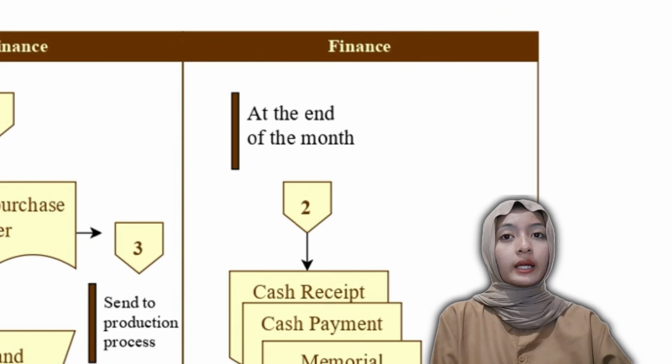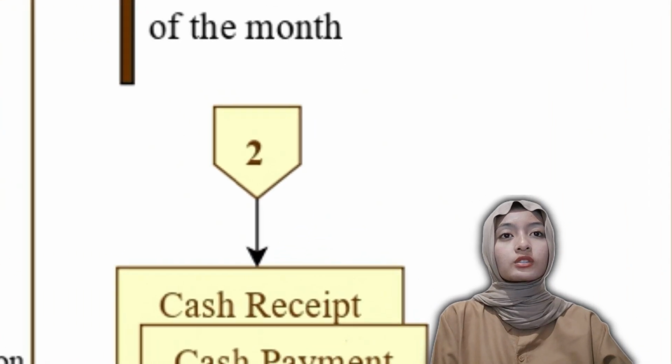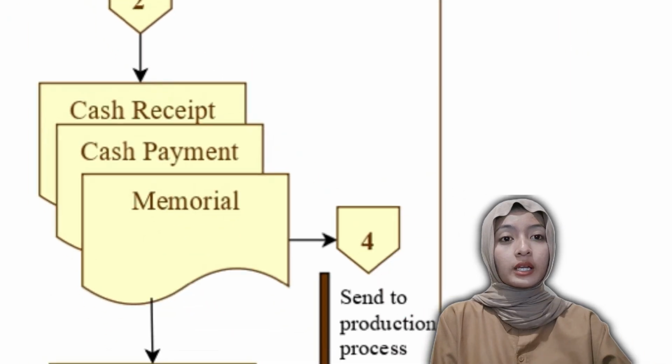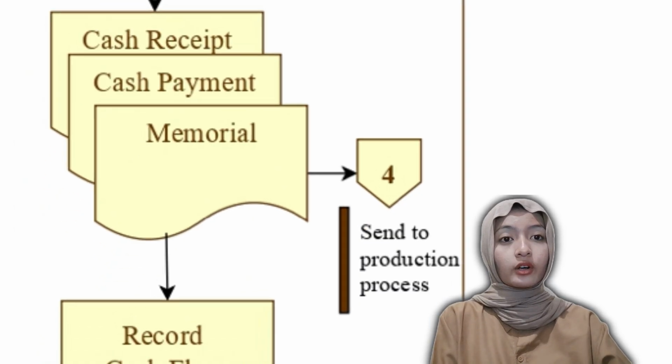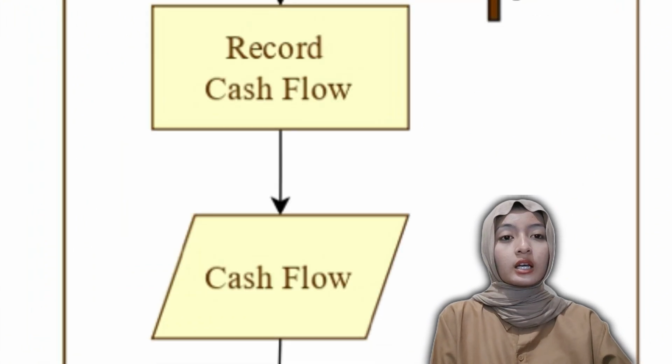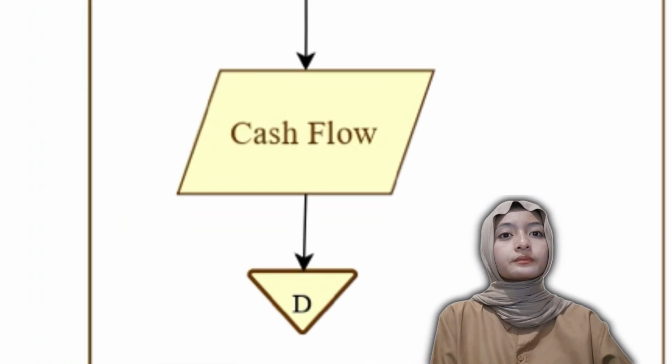The cash receipt and cash payment will be continued to off page 2, which is the finance department, at the end of the month. Based on the cash receipt, cash payment, and memorial documents, they will record the cash flow and produce the cash flow journal. And then it is archived based on the dates, and the memorial journal will be continued to off page 4, which is sent to the production process.